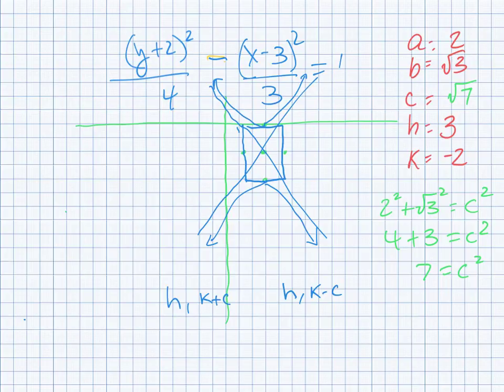So let's plot those. So we've got 3 comma, and that's going to be negative 2 plus root 7. What is the root 7 in a decimal? 2 point what? It's 2.64. Okay. So K is negative 2 plus 2.64, which is going to be 0.64, right?